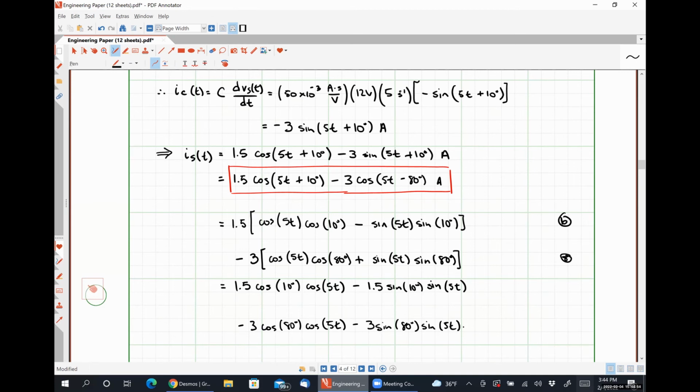Is everybody okay with distributing the constant terms out front and the slight amount of rearrangement that I've done here? Yes. All right.